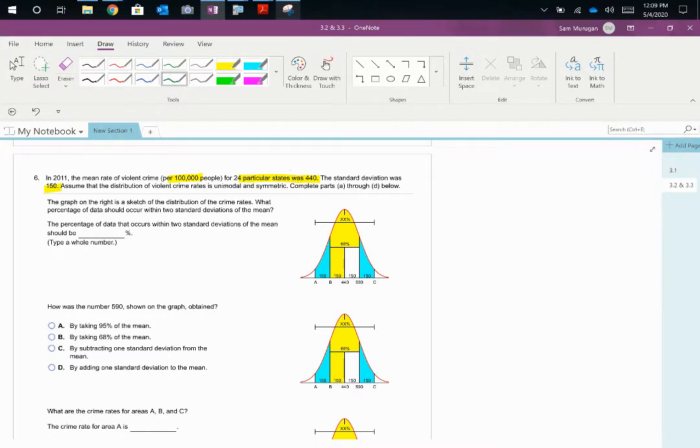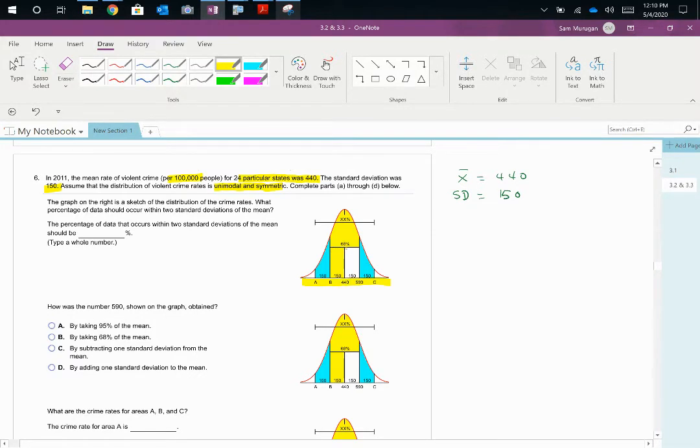So the mean is 440, the standard deviation is 150. They're telling us to assume that it's unimodal and symmetric. Now, here's a graph showing the different parts of the data that's given right there. They've actually worked it out for us.